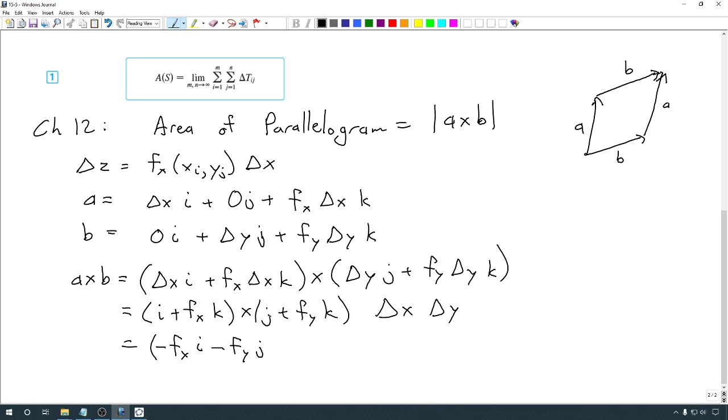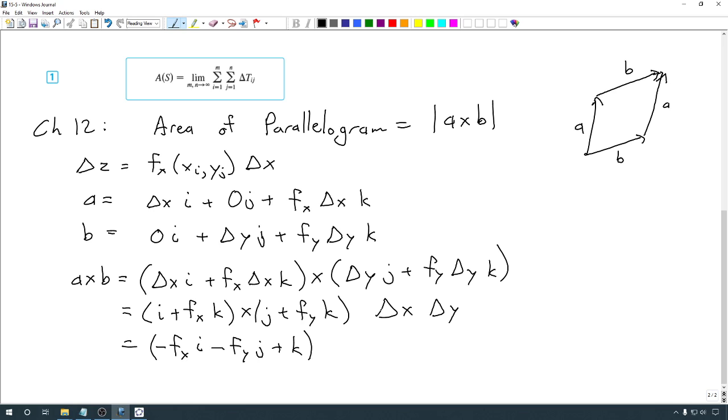The i crossed with j actually turns into a positive k, so you have plus k. And then f sub x times k crossed with f sub y times k. k crossed with k is 0, so that one's not in there. Delta x times delta y.